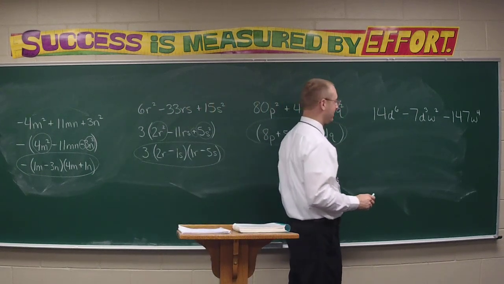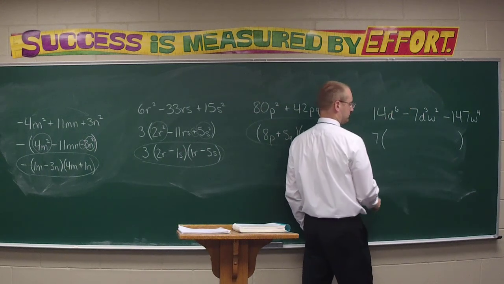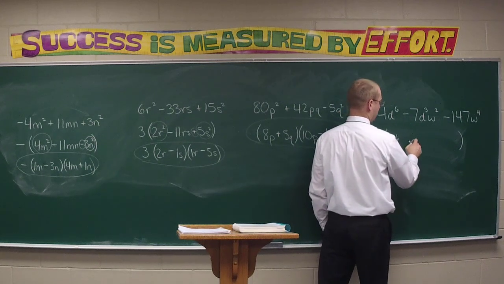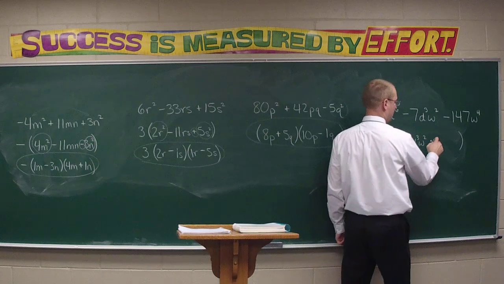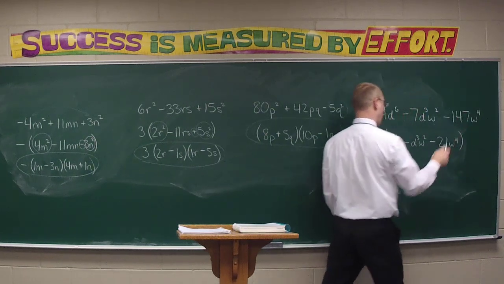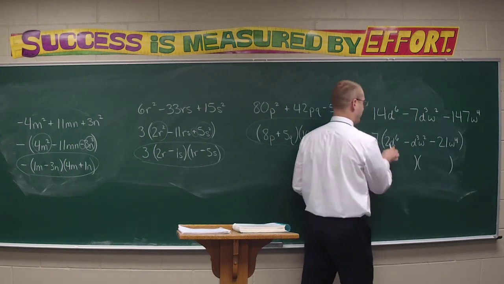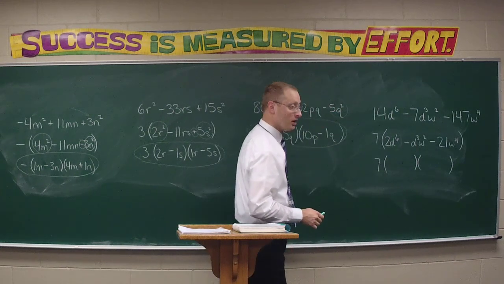Right, let's get the 7 out right off the bat. Minus d cubed times w squared, negative 21w to the 4th equals. All right, and then from here, how would I split up a 2d to the 6th, Audrey?